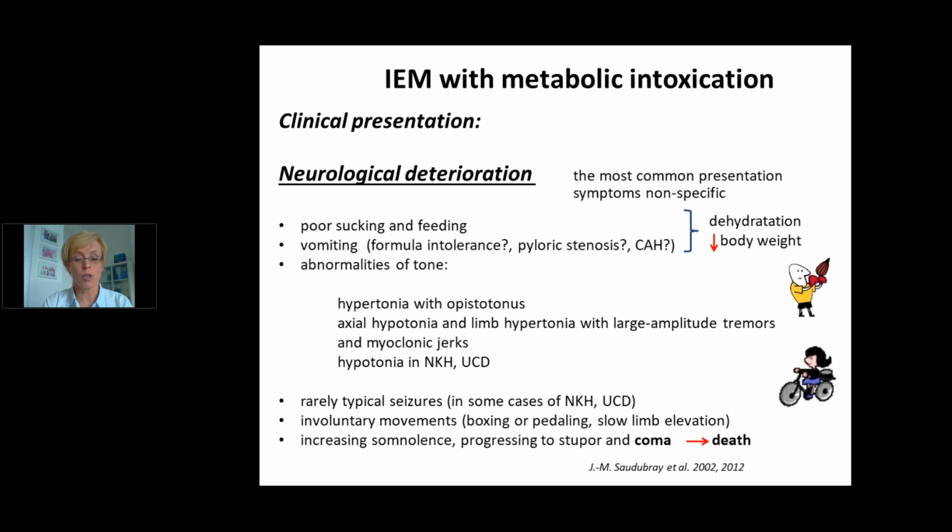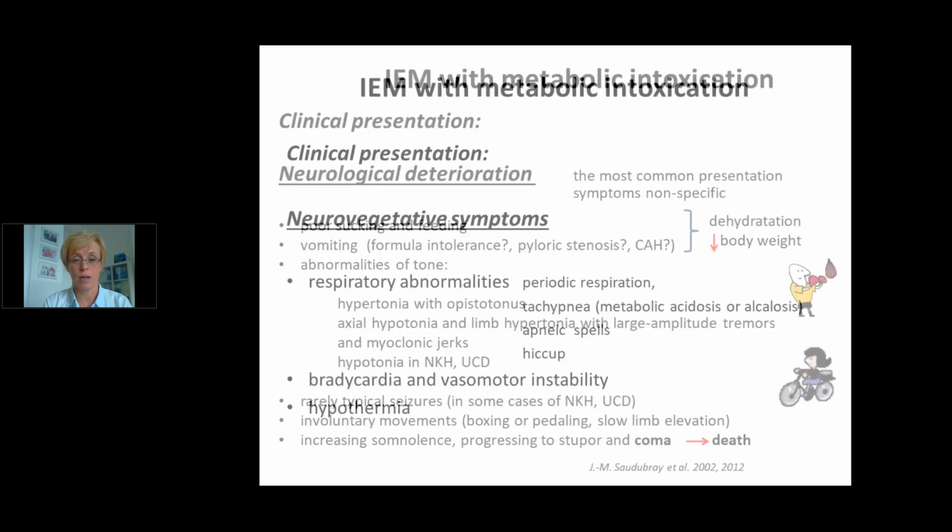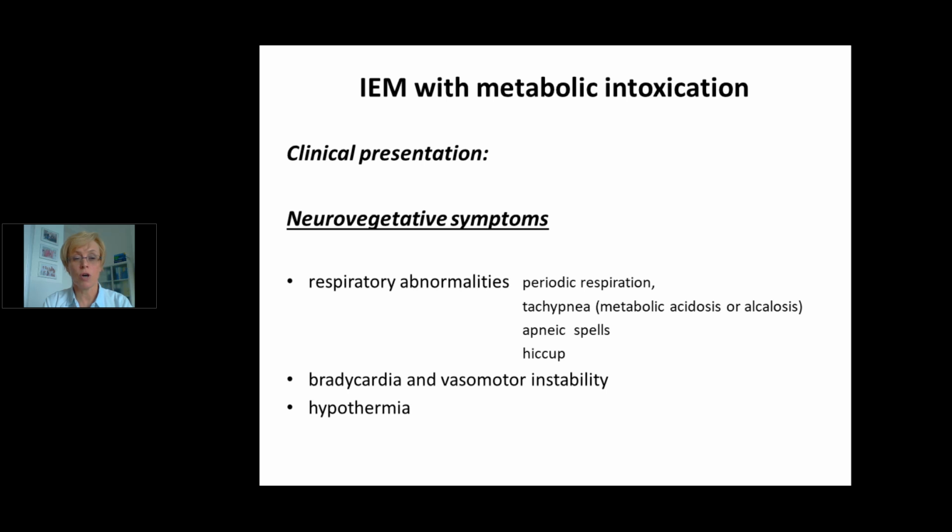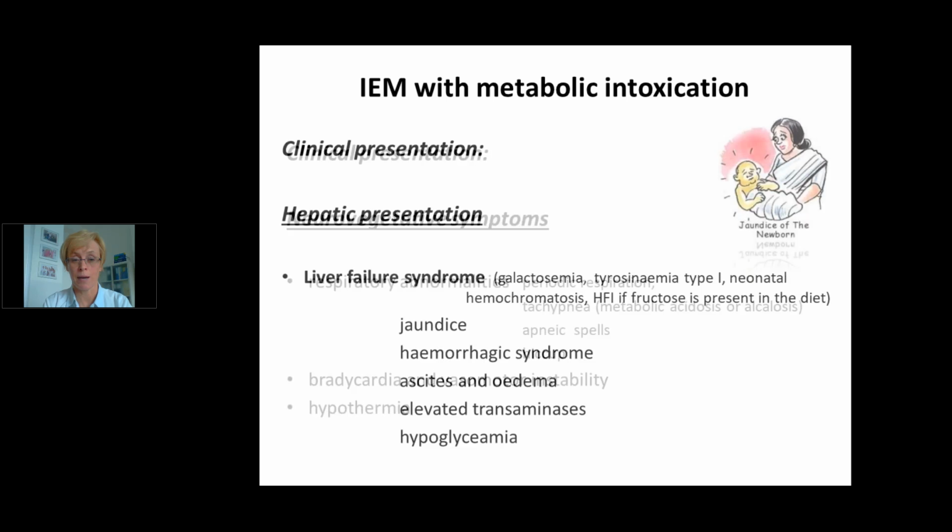Children, especially those with organic acidurias, may show very spectacular involuntary movements in the form of boxing or pedaling. And if we want to act aggressively at this moment, we simply may lose the patients after several hours of this presentation. Many of these children may show neurovegetative symptoms like respiratory abnormalities, bradycardia, vasomotor instability or hypothermia.